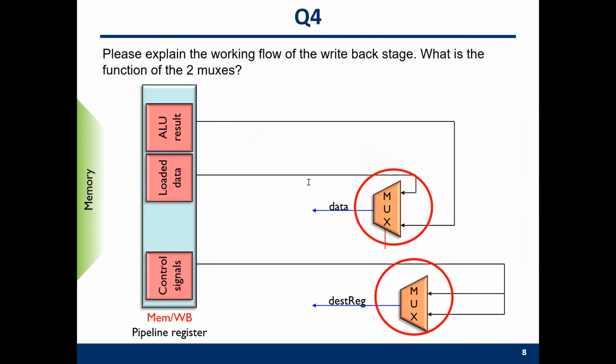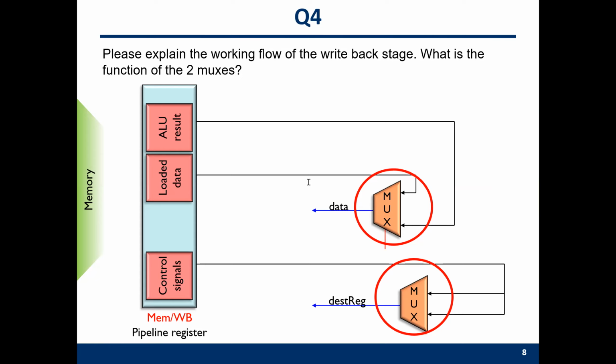And then the write back stage. This mux selects the data. Sometimes you have instructions computed by the ALU in the execution stage.